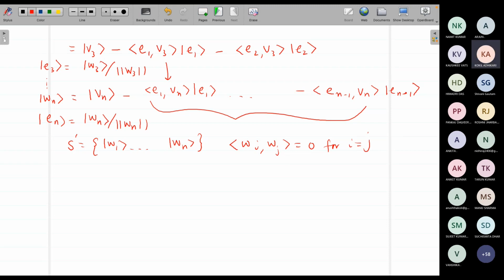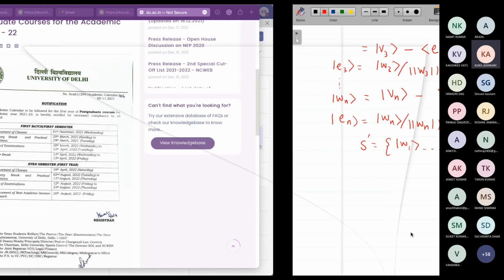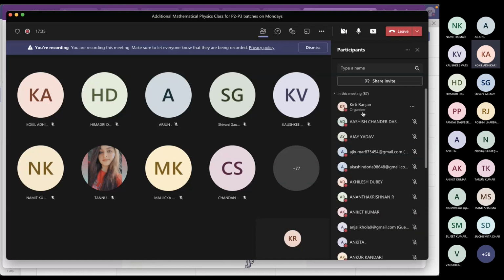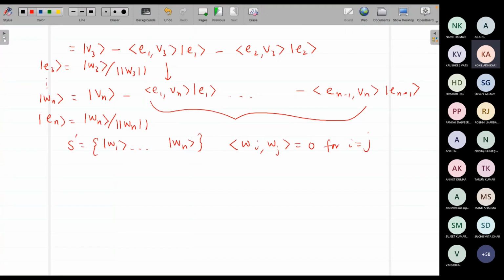It is important to note that if you start from a different vector, out of v1 to vn, say if you start with v2 as the first vector, then you will get a different combination of vectors, the actual vectors will differ.